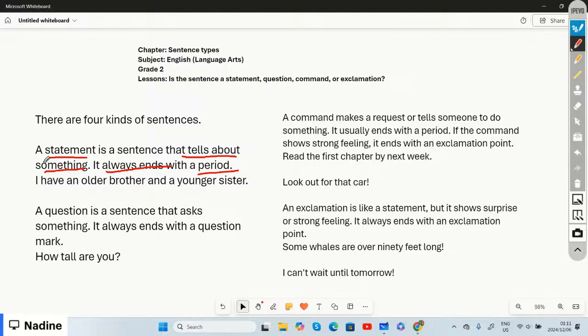And if we look at an example of a statement, it says, I have an older brother and a younger sister.